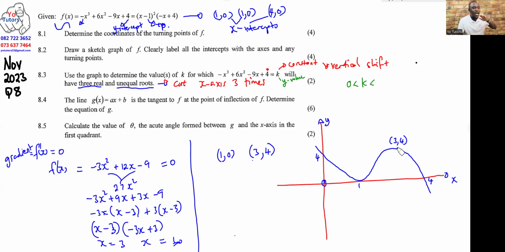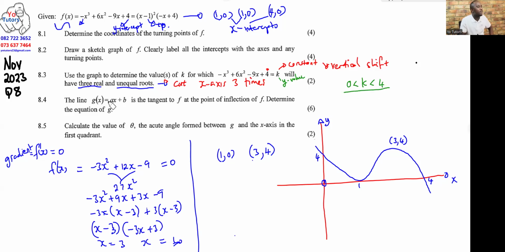It must not exceed 4, because once it goes 4 units down, it will be touching 0 and turning at the x-axis, and that means it will give us only one root. So it must be shifted more than 0 units, but less than 4 units down, because otherwise it will turn at the x-axis. Okay, that's our answer to that.